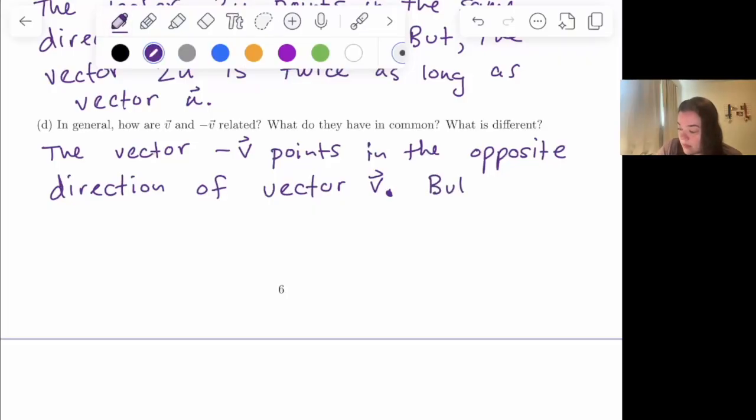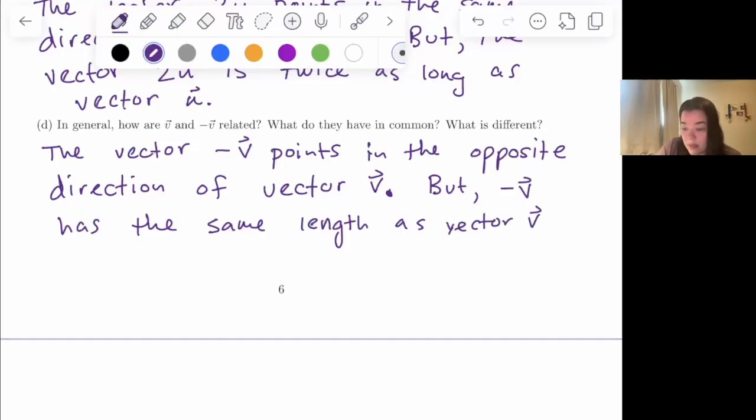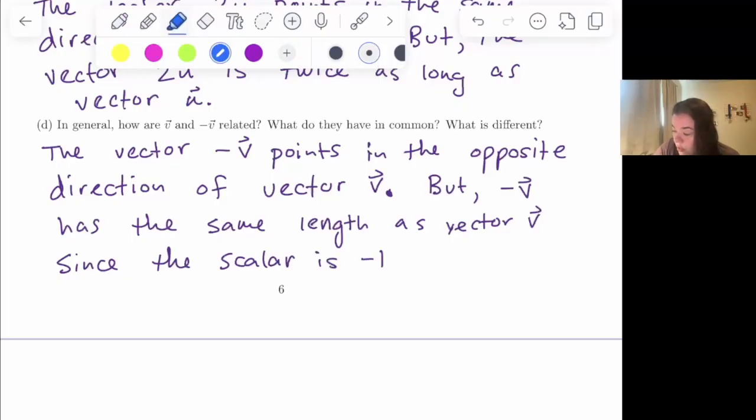But negative vector v has the same length as vector v, since the scalar is -1. So the one part of the scalar keeps the same length. The negative part of the scalar changes directions.